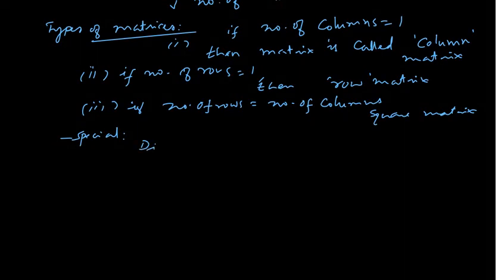Diagonal matrix. So a matrix is said to be diagonal if all its non-diagonal elements are 0. What are the non-diagonal elements? In this case one important thing is there is only one diagonal.